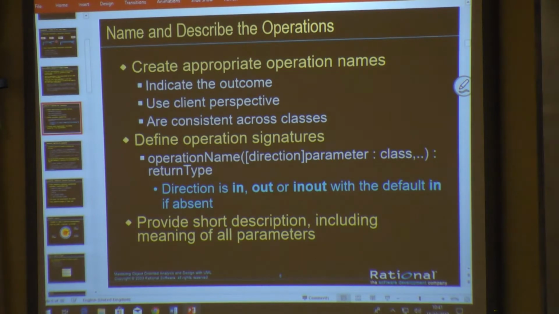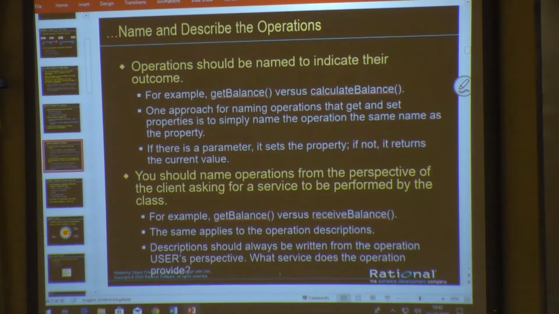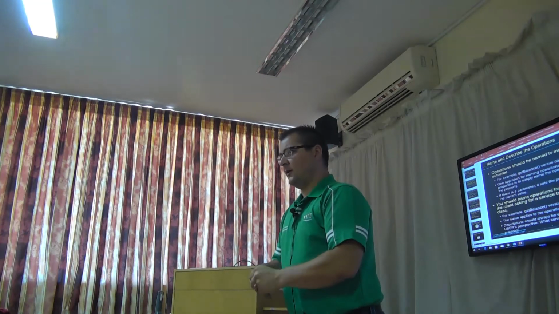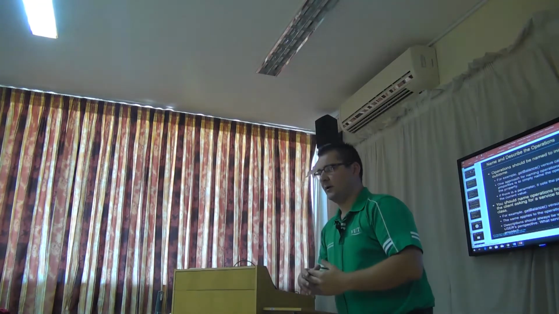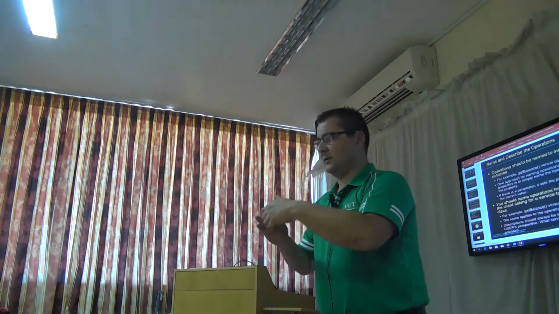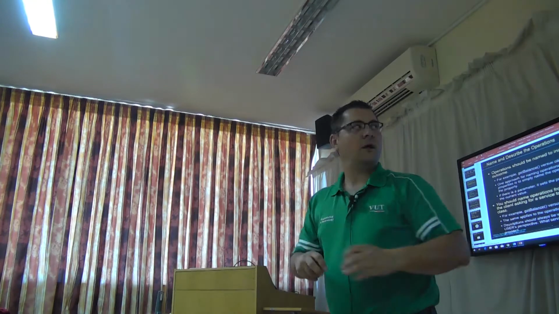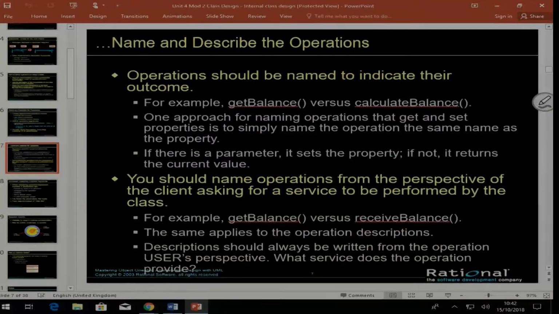We should use the client perspective and be consistent across the classes. Let's say you are at the ATM and that use case is in the process of calculating and getting your balance. The main discussion was: are you going to say calculate balance or get balance?